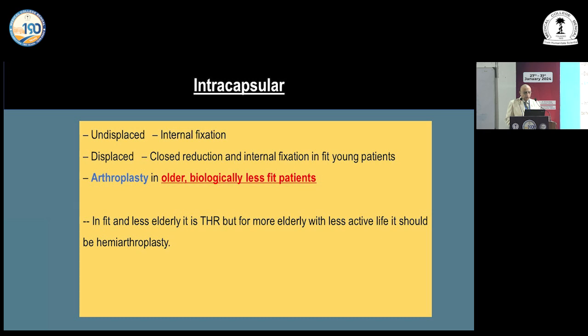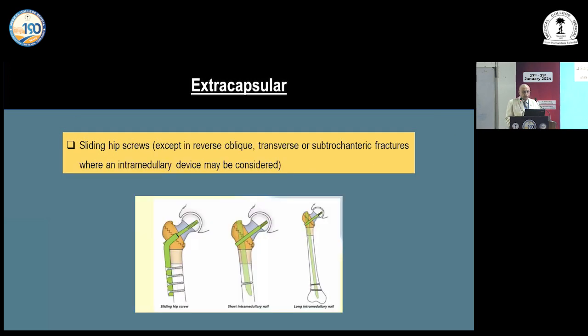There are so many varieties, I'm not going into it, but arthroplasty is the treatment of choice for older patients who are biologically less fit. If less elderly and more fit, then it is THR, and if more elderly and less fit, then it's a hemiarthroplasty. And these are the treatment protocols for the extracapsular fractures: the sliding hip screw, PFN or long PFN.